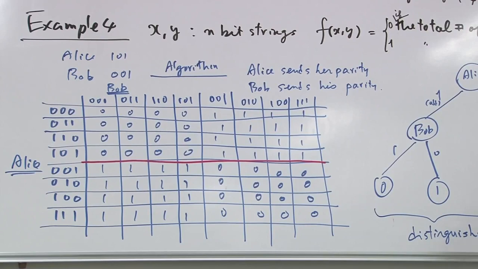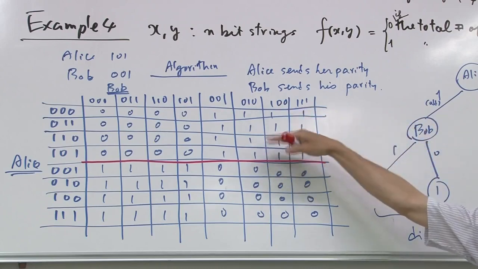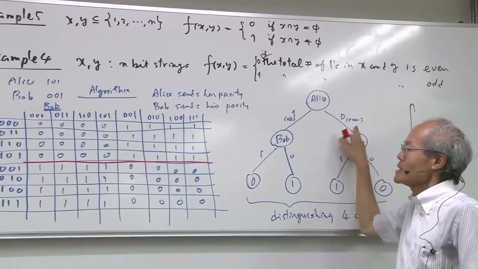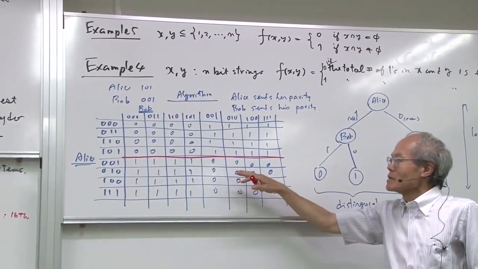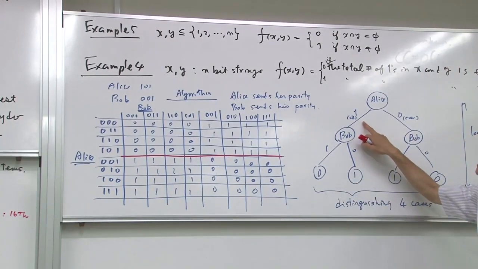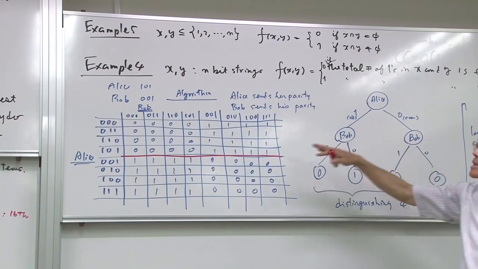If Alice sends 1, odd, that means Alice's input is on the lower side.